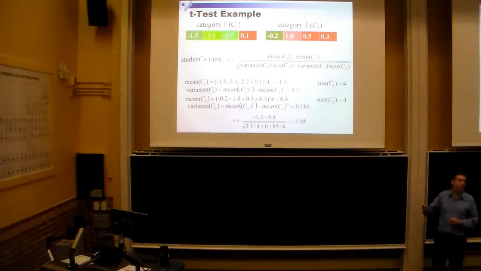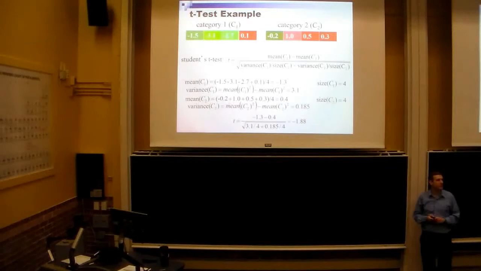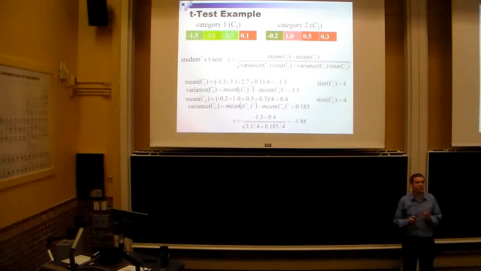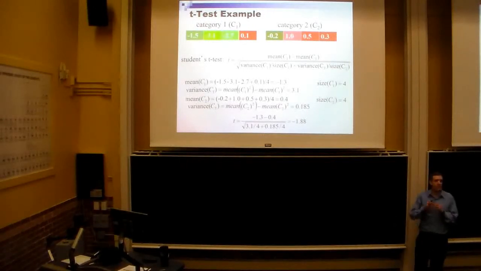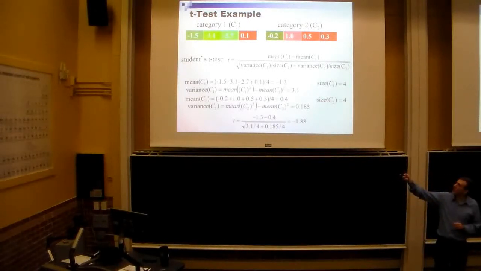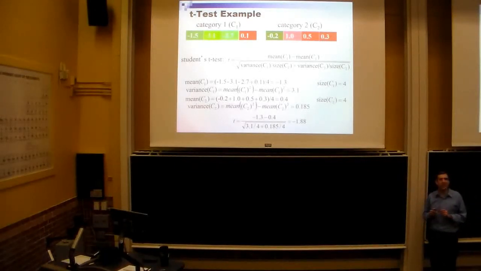Let's say this was a microarray study. What could we do differently to lower the variance of our measurements? Well, a more accurate assay is going to generally lower the variance. If you have a lot of noise in your assay, that's going to increase the variance of your measurements. So if we use a more accurate technology, we're likely to have a better chance of finding a significant effect.